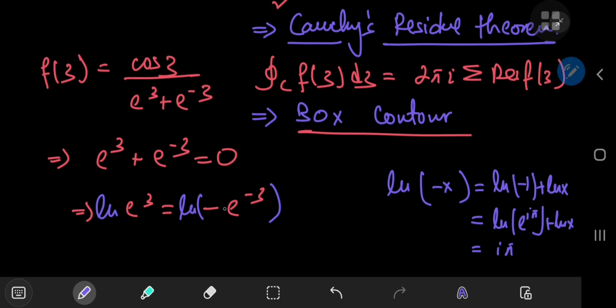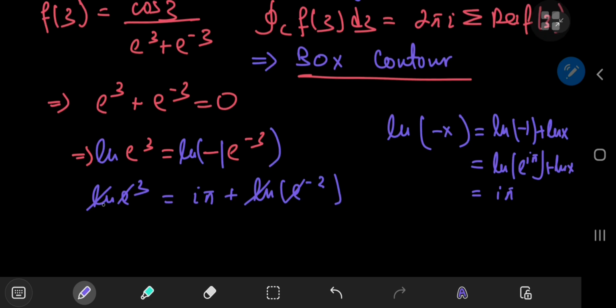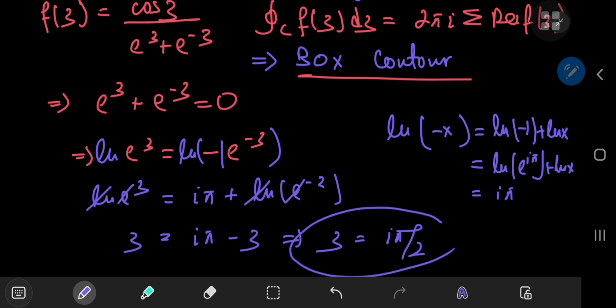So what you're going to have here is I times pi plus the natural log of e to the negative z. This is pretty workable because you have some stuff canceling out quite nicely, and you're left with z equaling I pi minus z, which implies that z equals I pi by 2. So that's where one of our poles is, and the only pole we will be needing, of course.